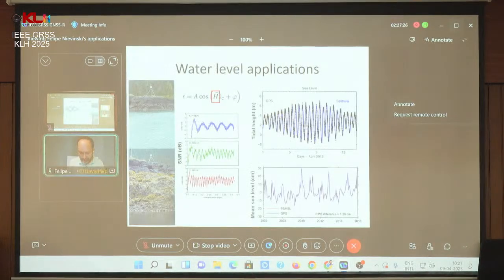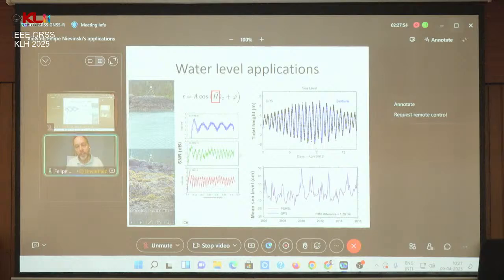And by far the easiest one is water, especially tides, because they vary by many meters at different sites. This is on an island. You can see high tide, small antenna height above the surface, and at the bottom you see low tide with a large vertical distance between the antenna and the water surface.